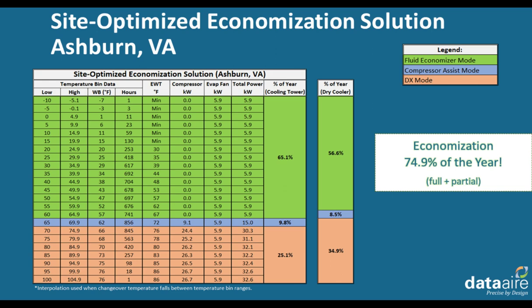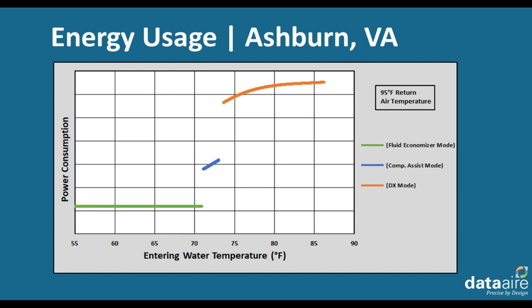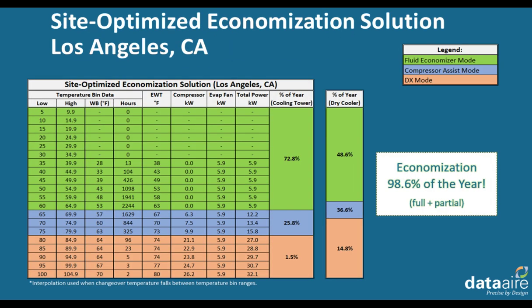So there's a bigger discrepancy between the cooling tower free cooling hours versus the dry cooler in this scenario, because Los Angeles is fairly dry most of the time. So that's really the big difference. The drier the city is, the bigger difference you're going to have between cooling tower and dry cooler.